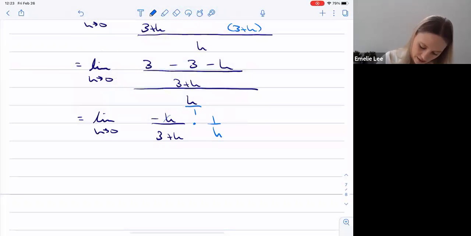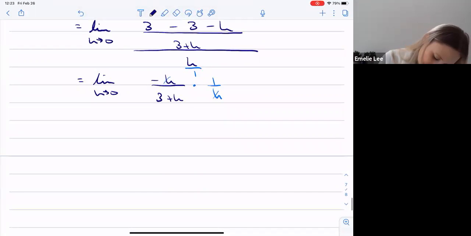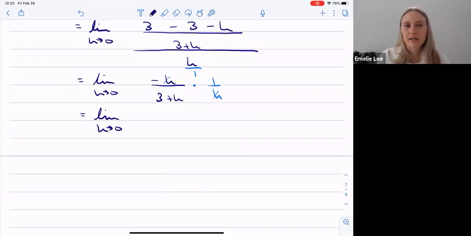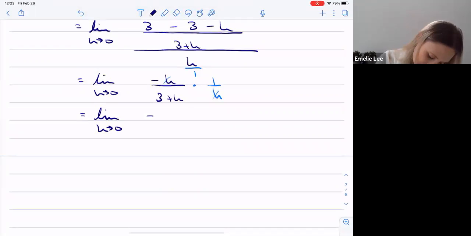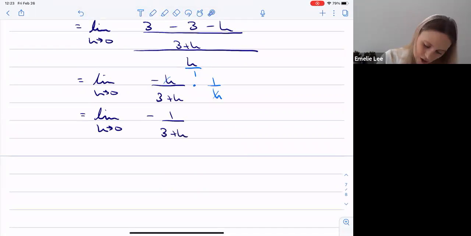Notice that this h and this h are going to cancel out to 1. So now I have the limit as h goes to 0. You don't have to write it out again, but I just like to see it nice and clean. -1 over 3 plus h.